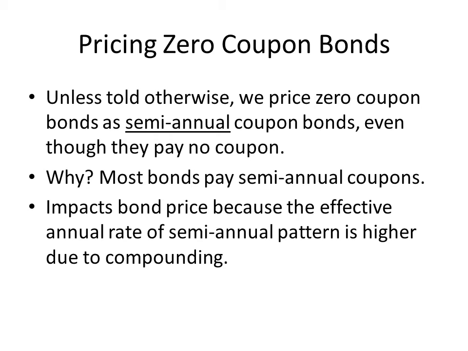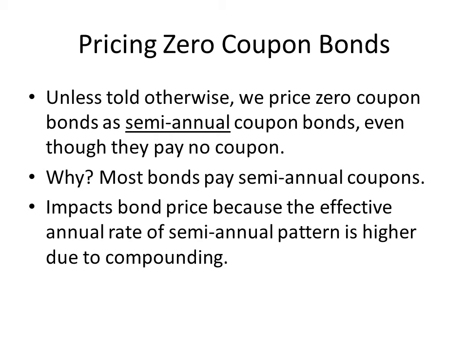And so if a zero coupon bond has a 6% YTM and 10 years, we would put in 3 I per Y and 20 for N. And that would allow us to correctly price a zero coupon bond. Now occasionally you'll be told to use an annual interest rate, and if you are told, then do so. But if not, you are to assume they are semi-annual.